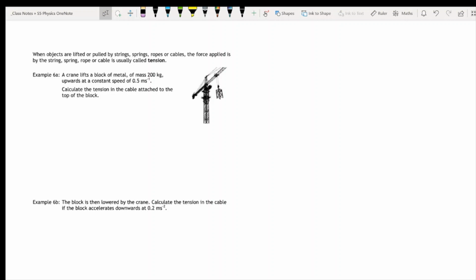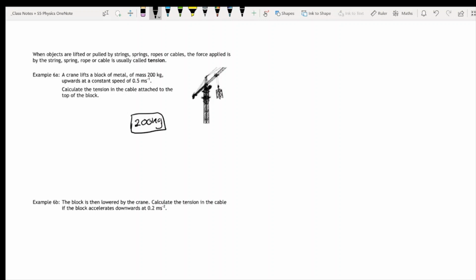Calculate the tension in the cable attached to the top of the block. When we've been talking about rockets, we've been talking about the thrust of the engine. In this case, the thing that's applying the force upwards is the tension in the rope or the cable. So, simplifying this, we've got a mass of 200 kilograms.